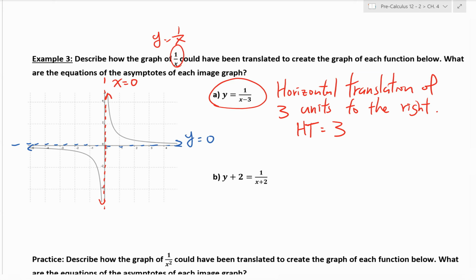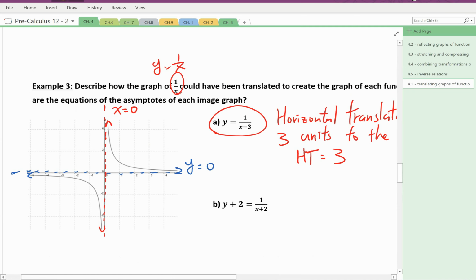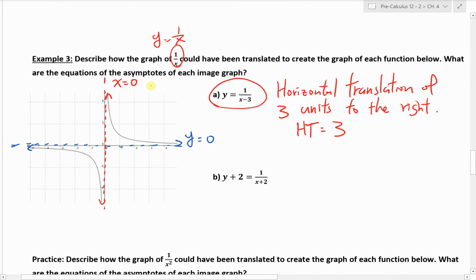Well, because we're moving sideways, this horizontal asymptote is still there, right? You're still moving that line sideways. Whereas the vertical asymptote, it was at 0, but because of the horizontal translation of 3, the new vertical asymptote is not going to be here, right? Because we're going to move 3 units to the right.